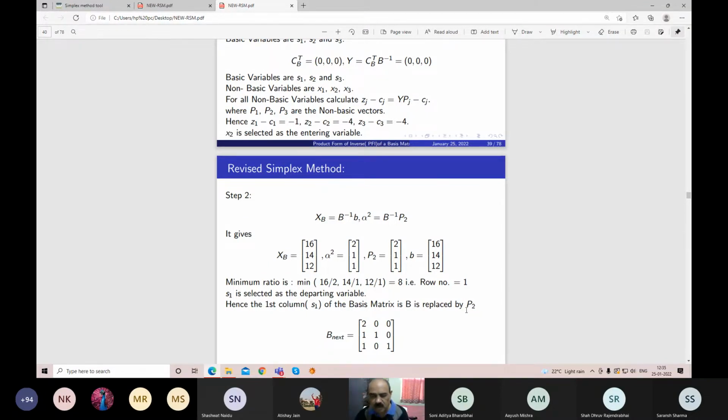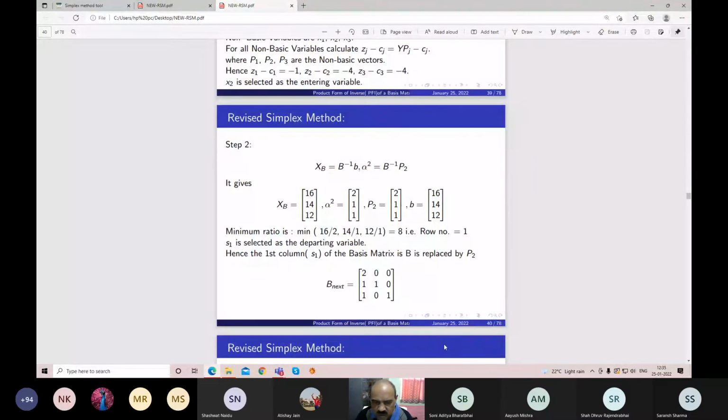Earlier it was B, now it is B next. So the first column we are replacing with 2, 1, 1, next column 0, 1, 0, next column 0, 0, 1. This is the basis matrix. Once you have this basis matrix, can you find the inverse using the product form of inverse? Very simple. Yes, sir. Can you find the inverse?